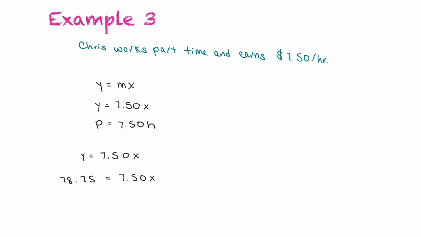We want to find out how many hours, so what x is. So we need to divide both sides by 7.50, and that will give us x. So these will cancel out over here. So we have 10.5 equals x. So that means that he worked 10.5 hours that week.